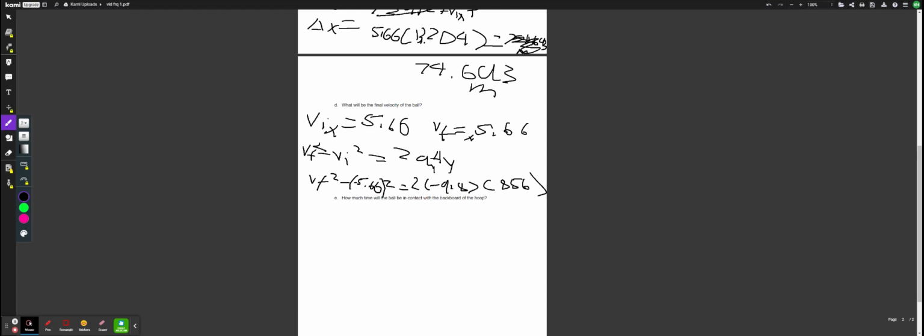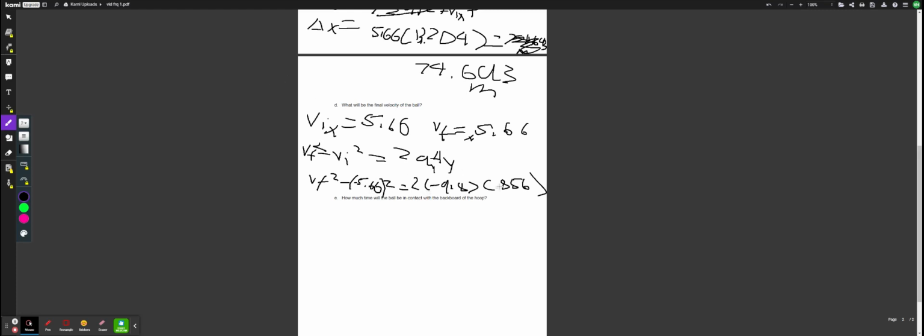We get 523.727 equals vf squared, and we square root. So vf is equal to 22.88. But remember, since it's moving downwards, it's a negative, so negative 22.88.